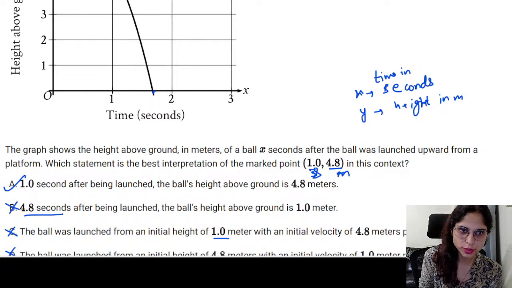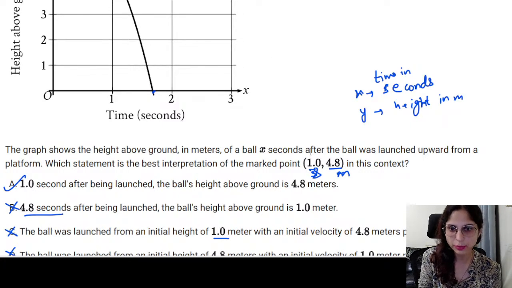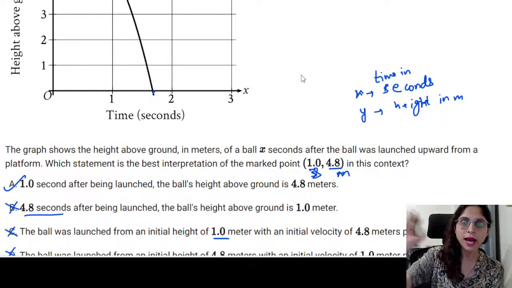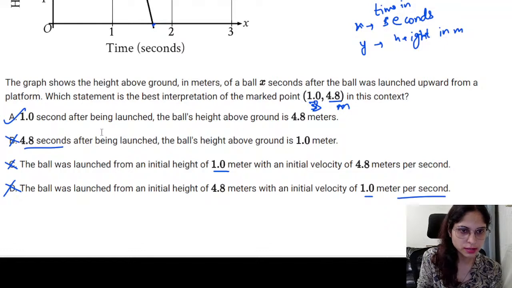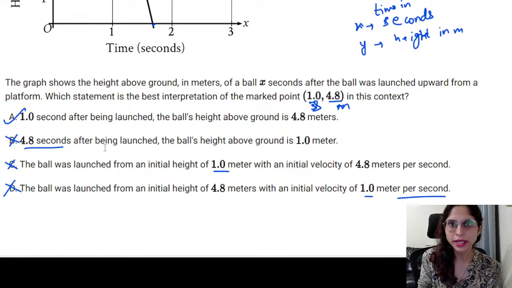And now we look at the options, and this particular point represents that after 1 second height was 4.8 meters. So if I look at all 4 options, 1 second after being launched, ball's height above ground is 4.8 meters. That is what I just said. So this should be our answer. Now if you look at option B, 4.8 seconds. So 4.8 cannot be seconds, so this option is already crossed out.